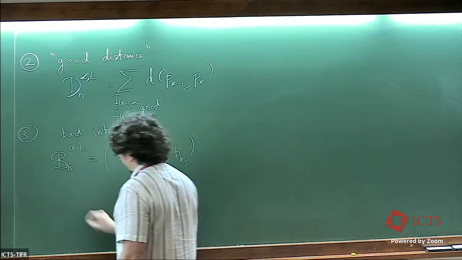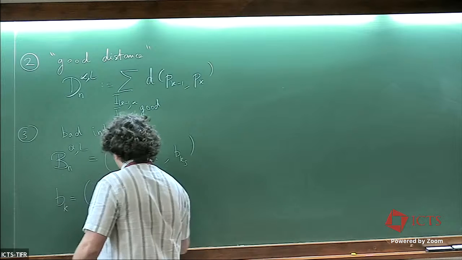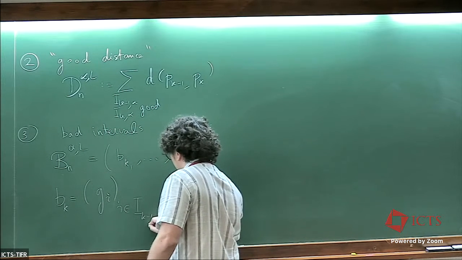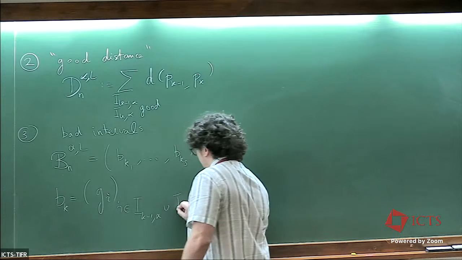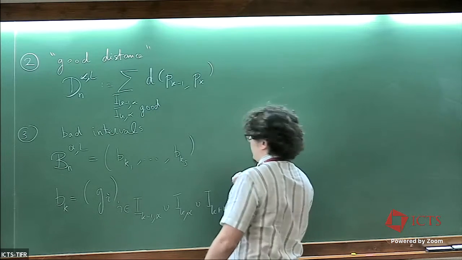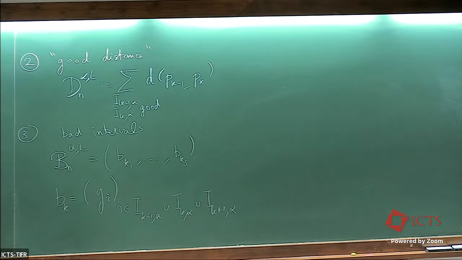S is the number of bad intervals, and BK is GI, where I is in the union of the previous interval, the current interval, and the next interval. So these are the three things we record.